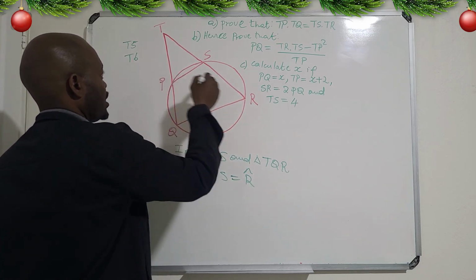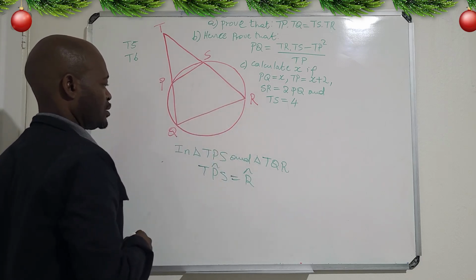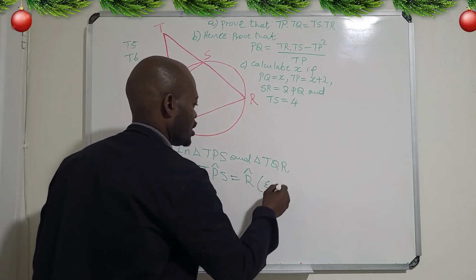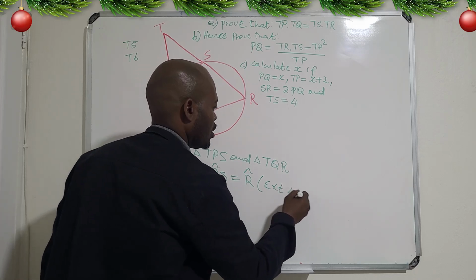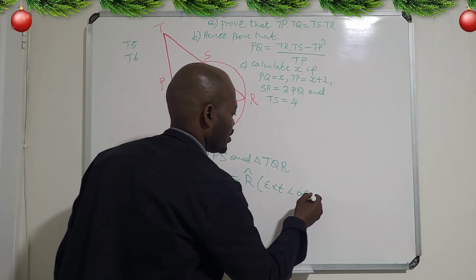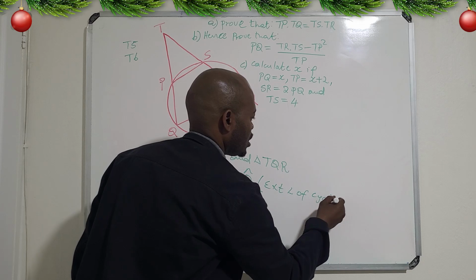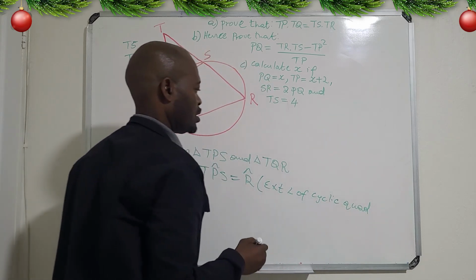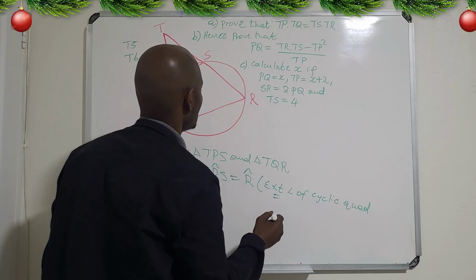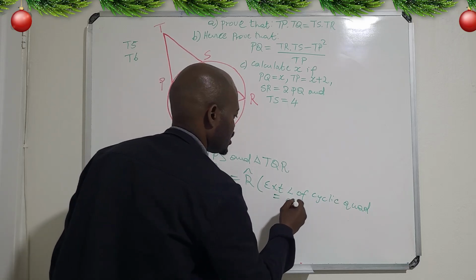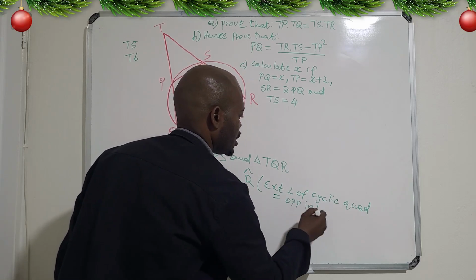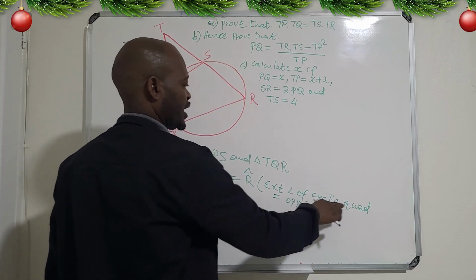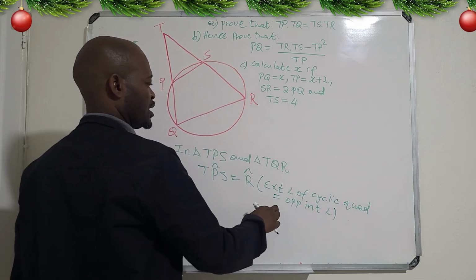Therefore, this angle is equals to that angle. Reason: exterior angle of cyclic quad is equals to opposite interior angle.